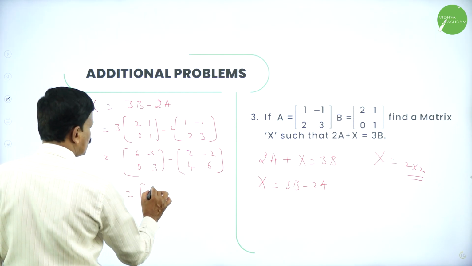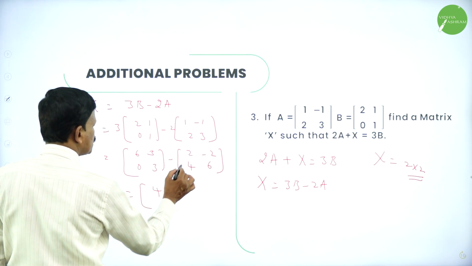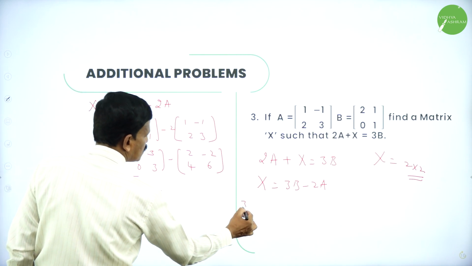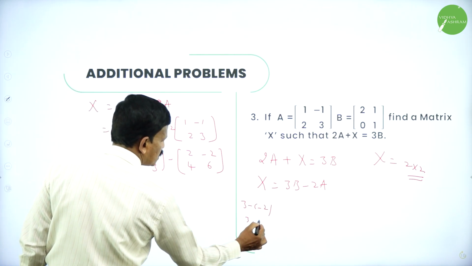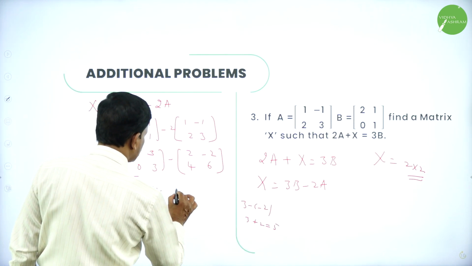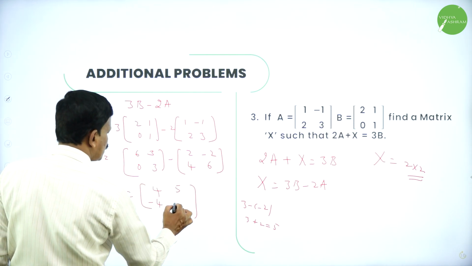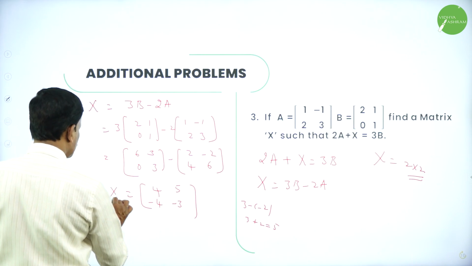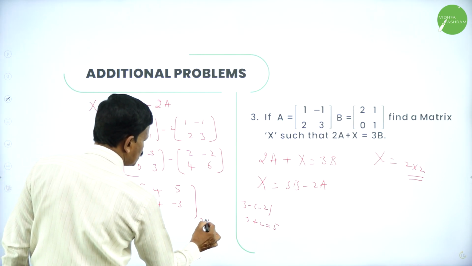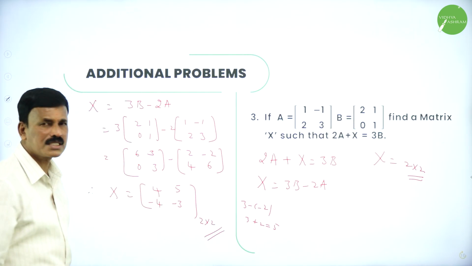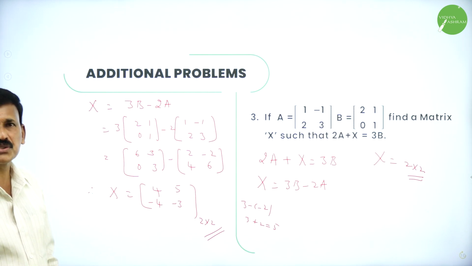Subtract this: 6 minus 2 is 4, 3 minus of minus 2, that is 3 plus 2 is equal to 5, 0 minus 4 is minus 4, 3 minus 6 is minus 3. This is the required matrix. This is also of order 2 cross 2. Very simple. It is a 2 marks question.